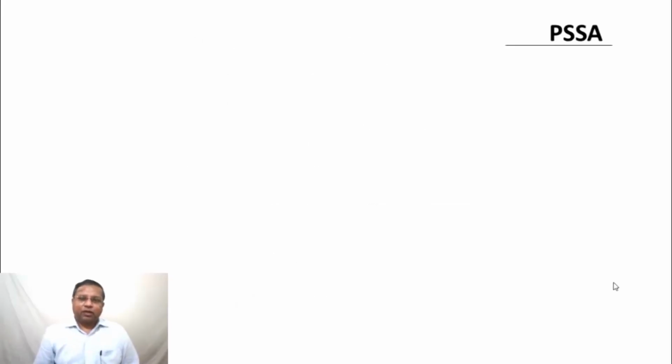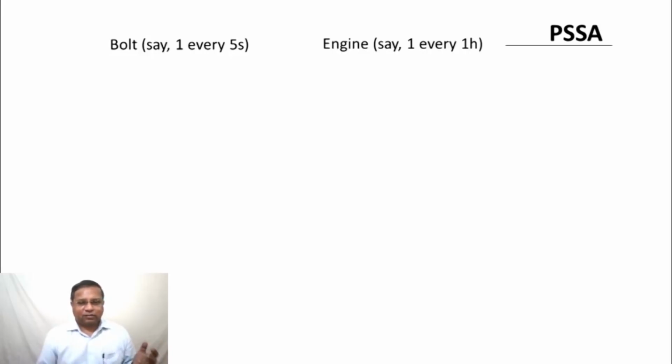Okay. This is an important concept now. We had looked at something called a pseudo steady state approximation earlier. Let us revisit that. We talked about the rate at which a bolt is made, a bolt made every 5 seconds, and a car engine made 1 every hour.